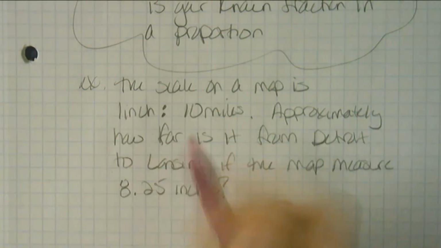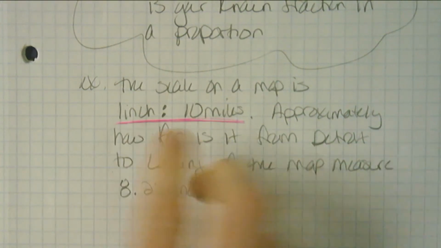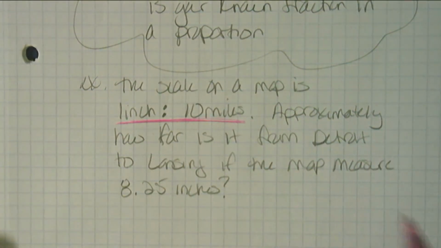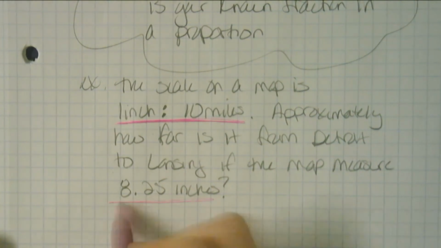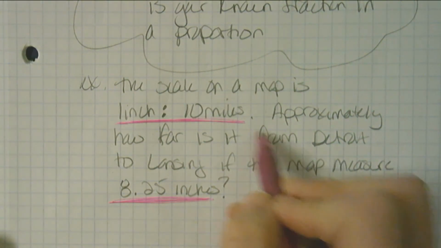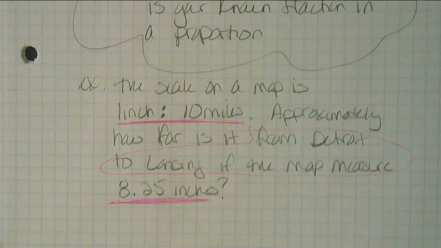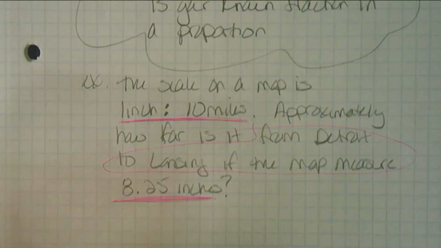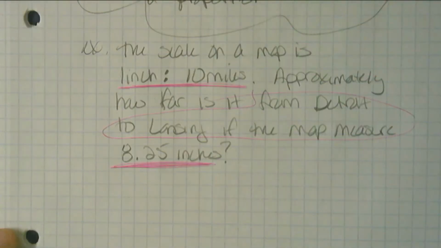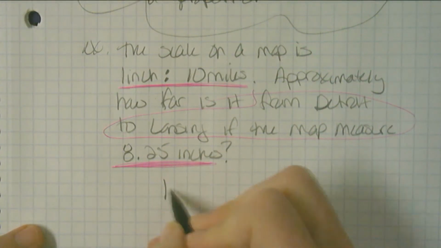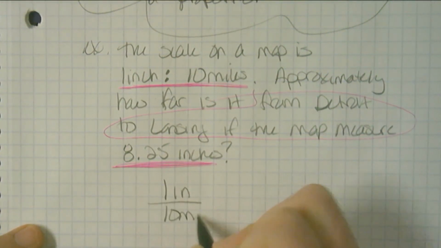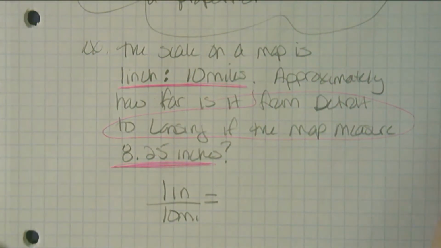Alright, so I have our scale relating inches to miles. I have an amount of inches. I just don't know my number of miles. So this is a proportion. So 1 inch over 10 miles equals.